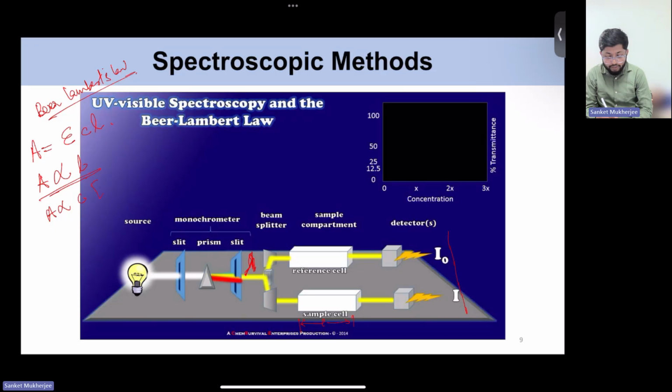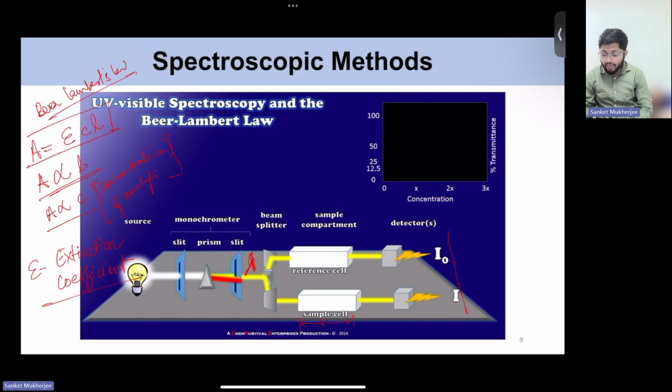C stands for the concentration of analyte, and based on this, we get this equation where epsilon stands for extinction coefficient.